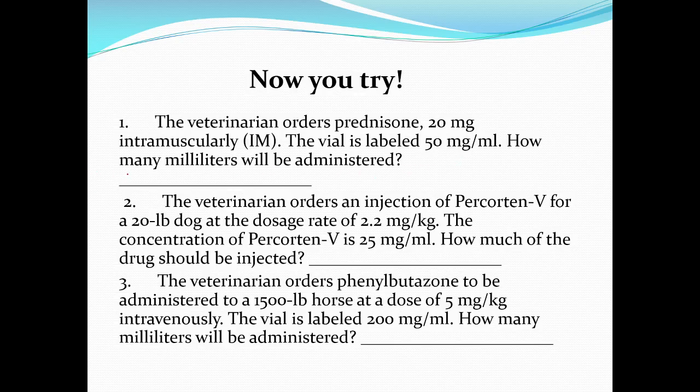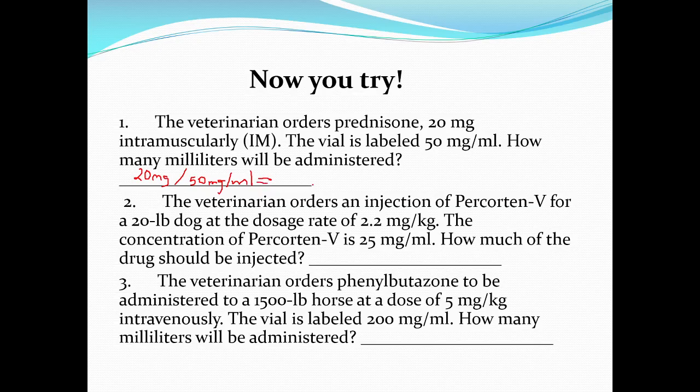We don't need to know the dog's weight at this point, because the doctor has ordered 20 milligrams. We're just going to assume that they've checked the dosage rate and that is correct. So we're going to figure out how many mils that is by dividing by the concentration. So 20 milligrams divided by 50 milligrams per mil, is that going to be more than a mil or less than a mil?